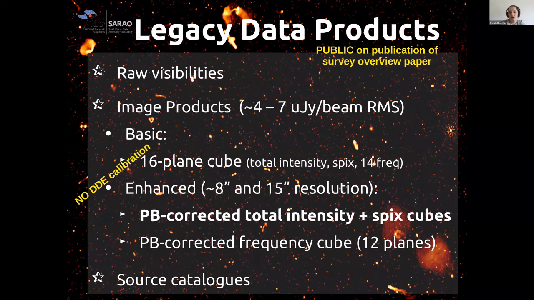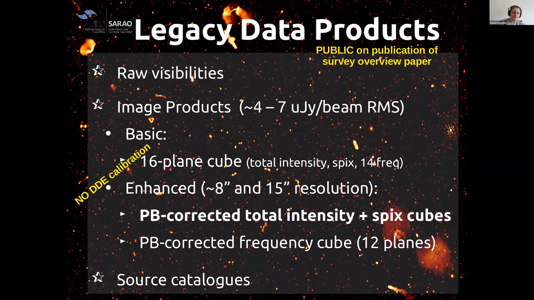So what these products are is the raw visibilities for anyone who wants to start from scratch and maybe do their own imaging, or they have their own resolution requirements, etc. But then we also have a set of image products that will be made public to the community.